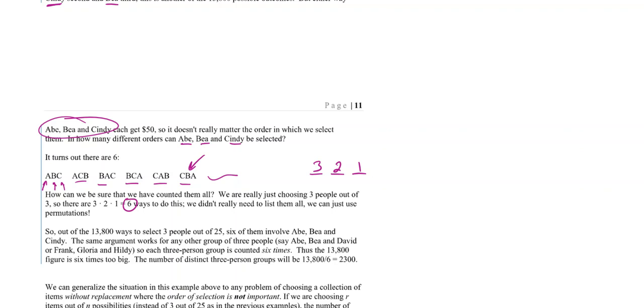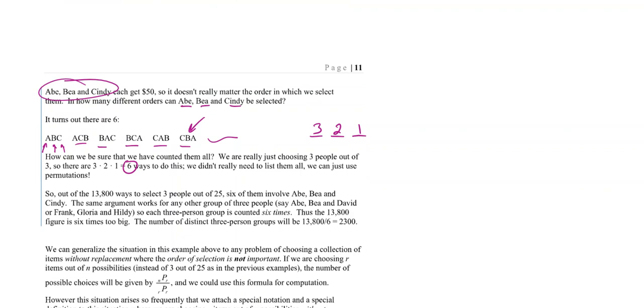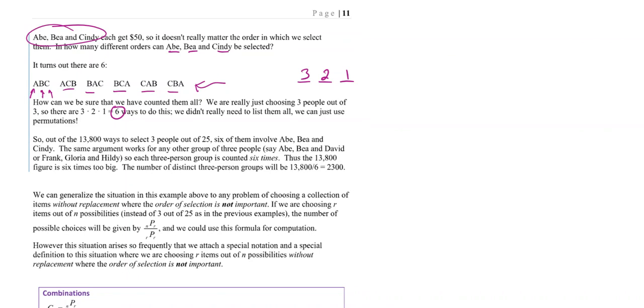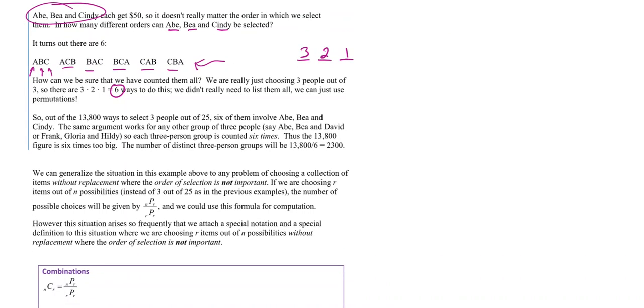If that's kind of confusing, it's all right. I'm just getting to the chase here, like why this is going to matter. So in the end, if this confused you, just look at that. We had 6 different possibilities for those people to be rearranged. If our question really was just how many ways can these 3 people get a $50 gift certificate, then we were 6 times too big before, right?